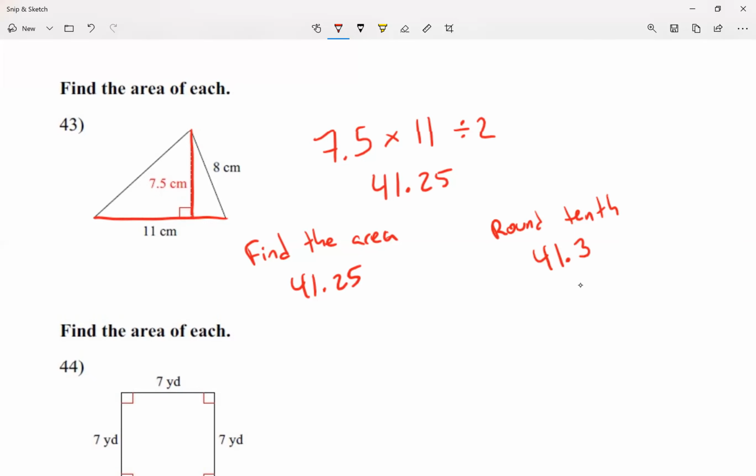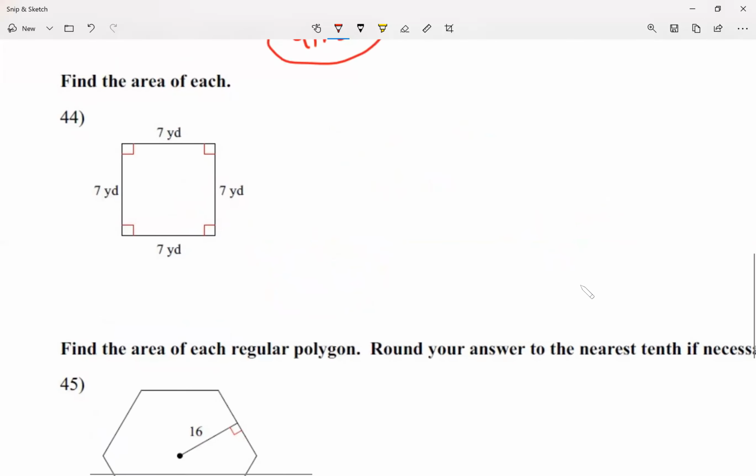So if it says to round, just one decimal place. If it doesn't say to round, don't round it. In my case, it doesn't say to round it. Look at the directions. 41.25. So be careful.